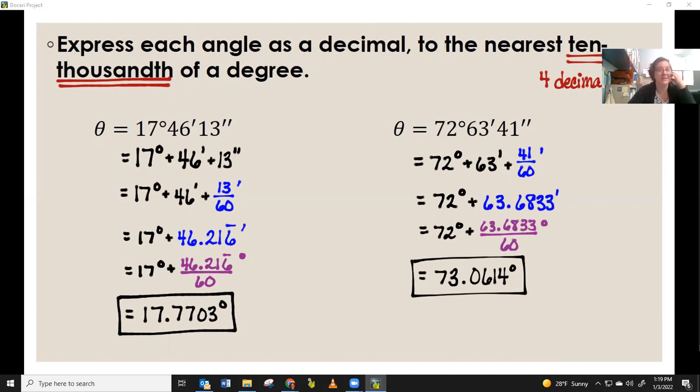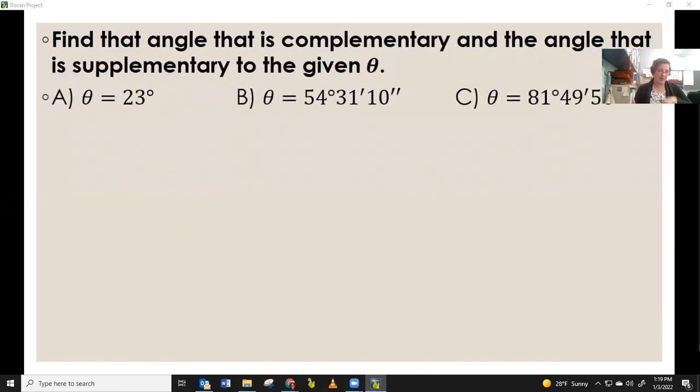Complementary and supplementary angles. We're going to start off with an easy one, and then we're going to move into some rather interesting ones. We want to find an angle that is complementary, and then another one that is supplementary to our given angle theta. Remind me one more time, complementary angles do what?